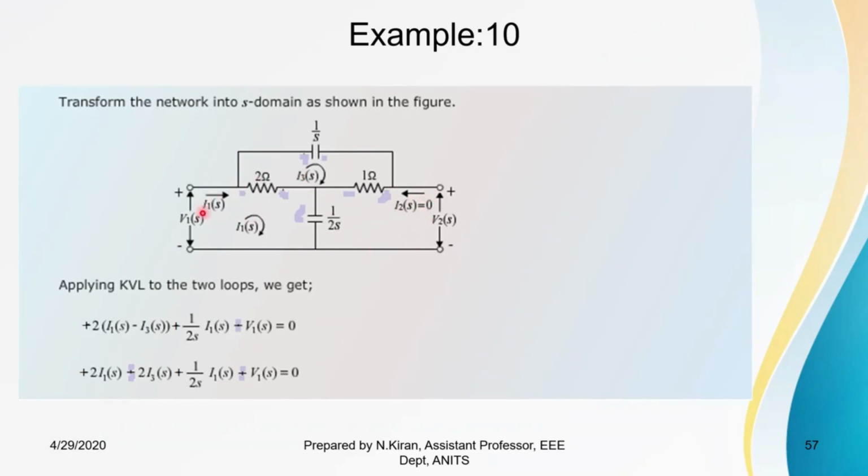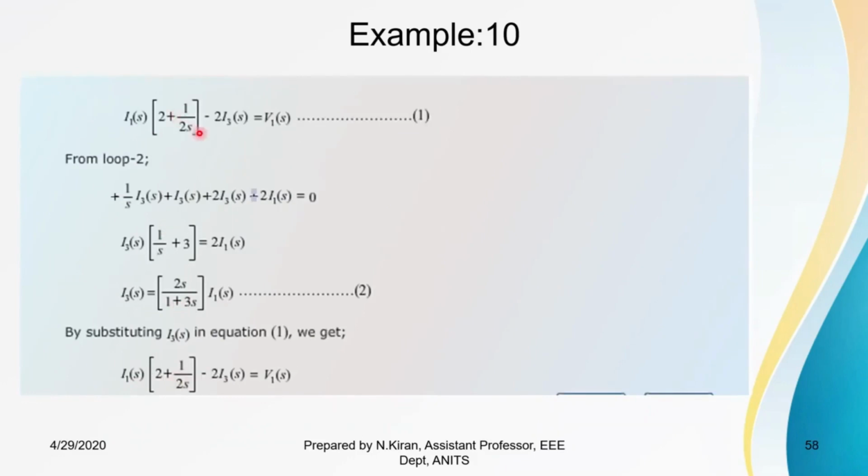So let us consider the first loop. It is 2 into (I1 minus I3) plus 1 by 2s into I1 is equal to V1. Similarly, for the third loop, on simplification, if I take I1 common, it is (2 plus 1 by 2s) I1 minus 2 I3 is equal to V1 of s, which we consider as the first equation.